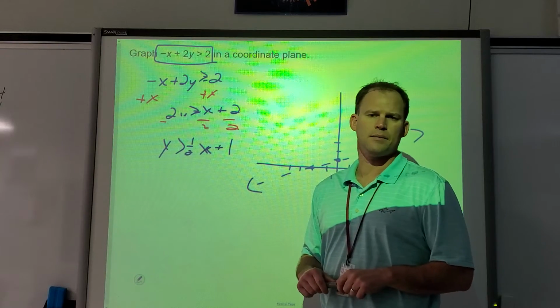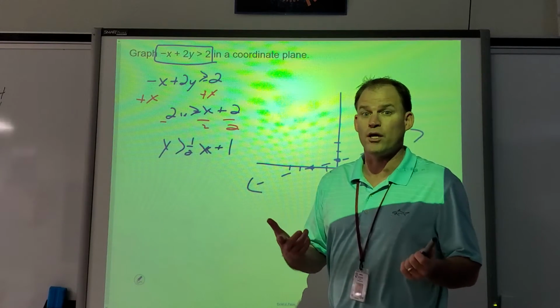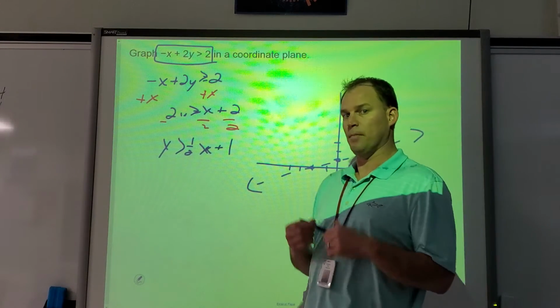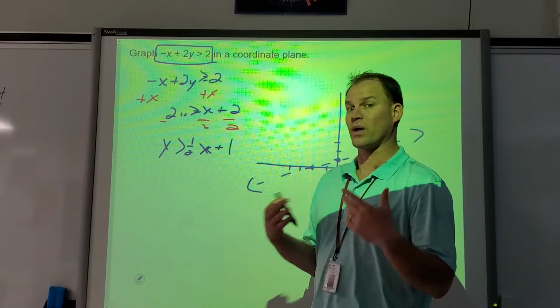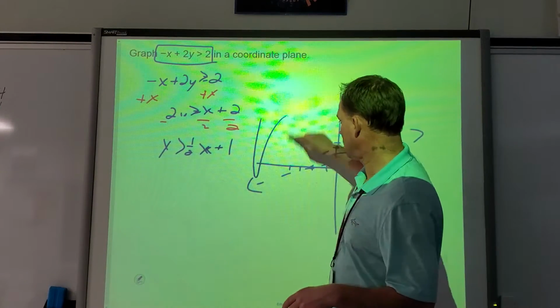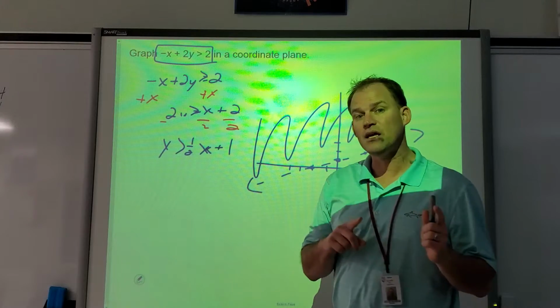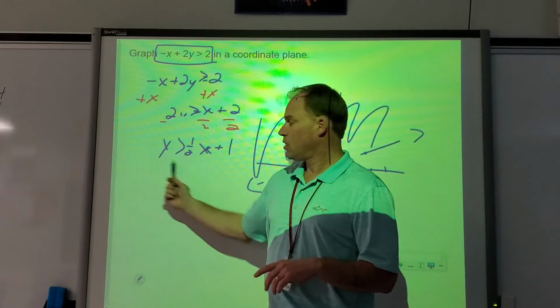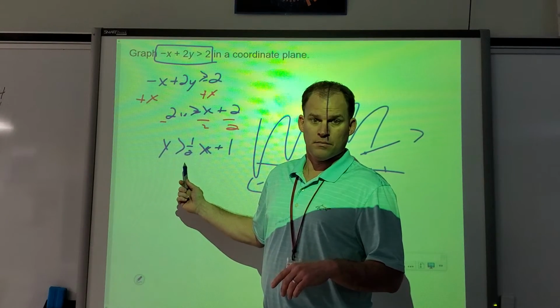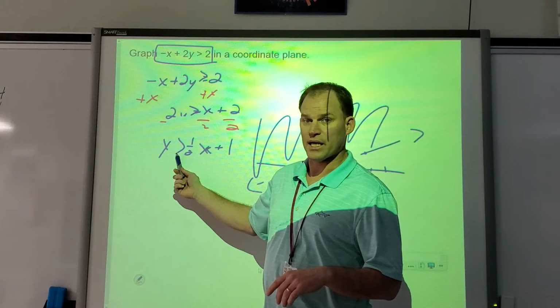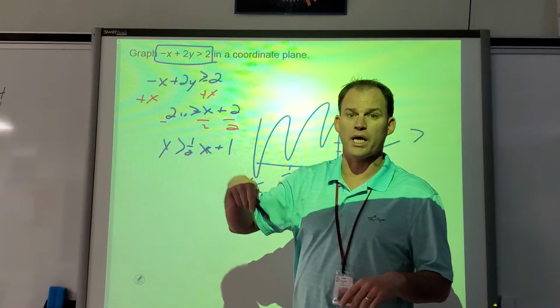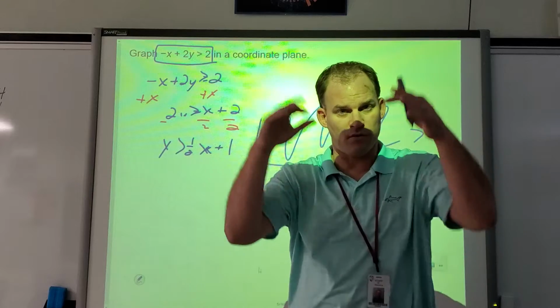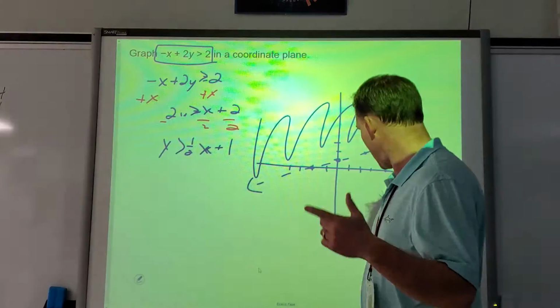What kind of sign is that? Greater than. We shaded above the line, and it's a greater than sign. If you use the y-intercept method, this sign will tell you where to shade. If it's a greater than sign, you shade above. If it's a less than sign, you shade below.